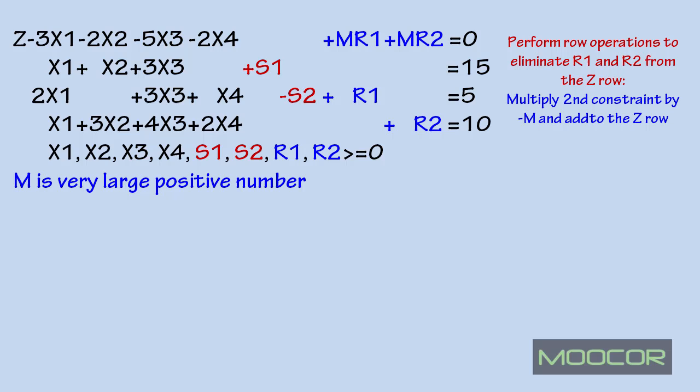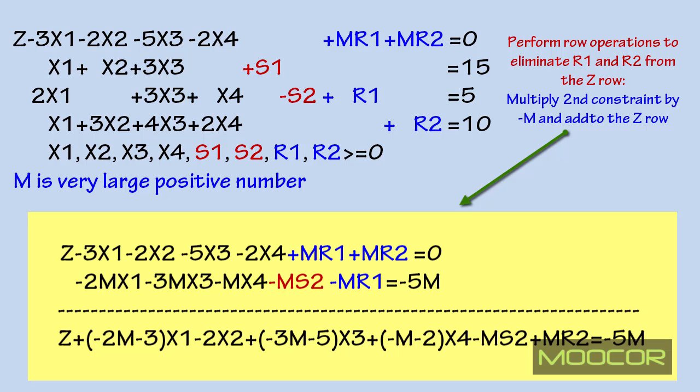For example, we can multiply the second constraint by minus M and add it to the Z row. This is the operation performed, and you notice that now the form of the Z row changes. It becomes involving the values of M itself. In this case, we eliminated R1 from the Z row.